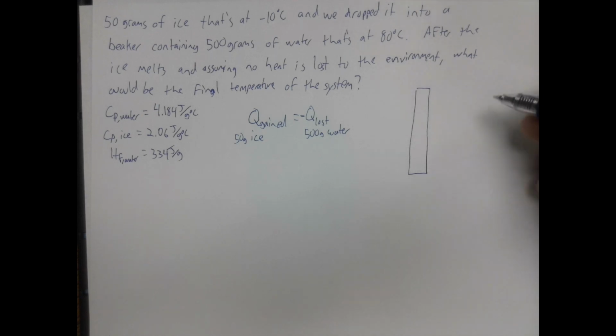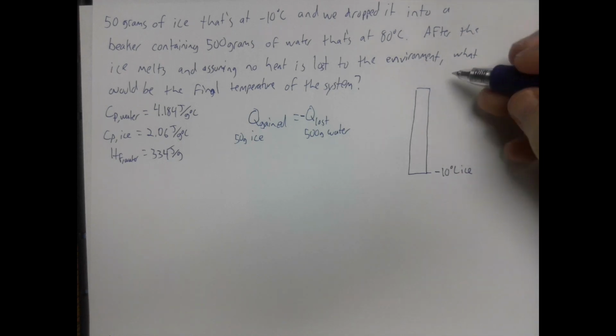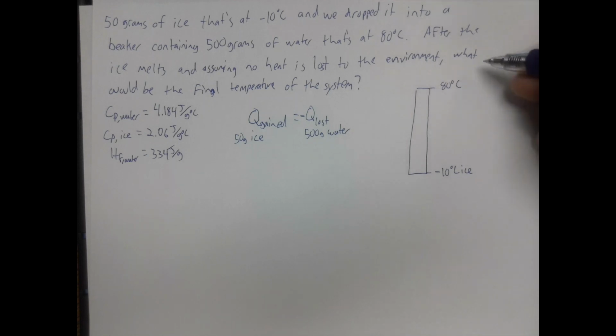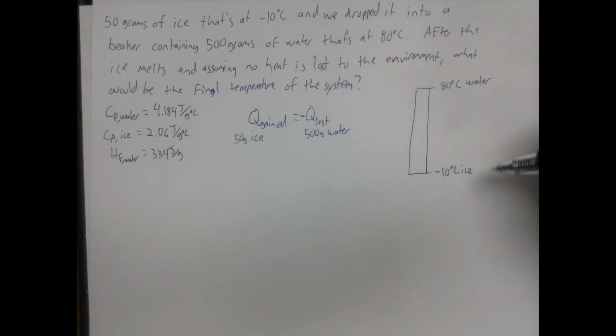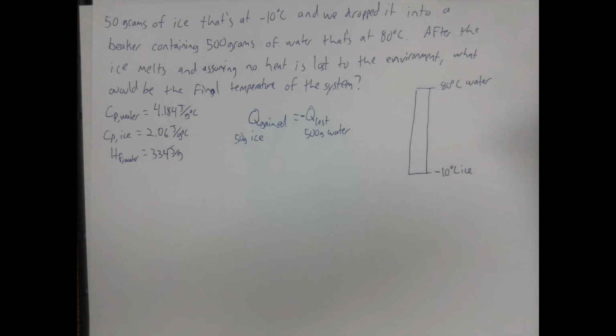I like drawing this diagram. On one side, we have negative 10 degrees Celsius ice. At the other side, we have 80 degrees Celsius water. When we mix the two, the ice is going to heat up and try to reach some final temperature.